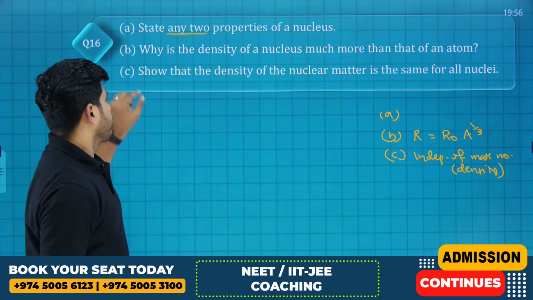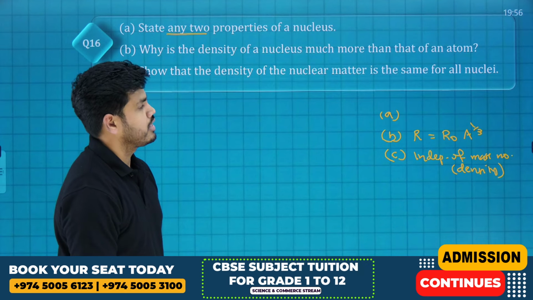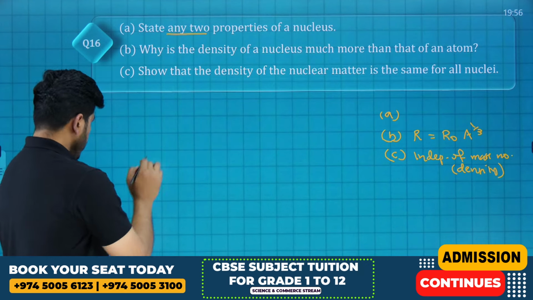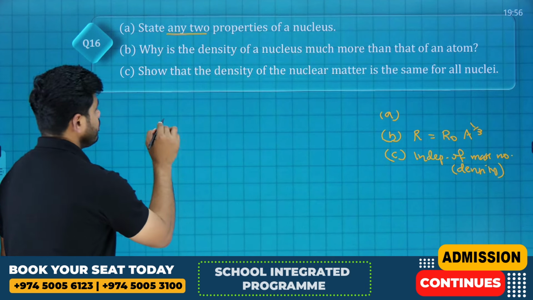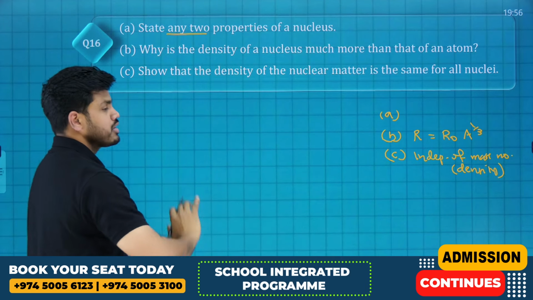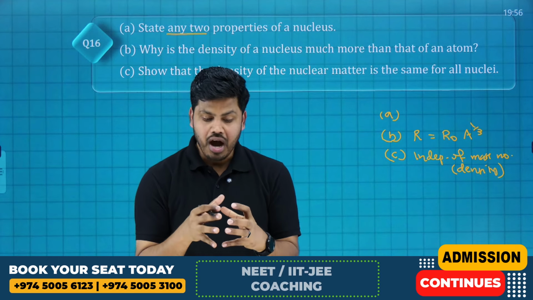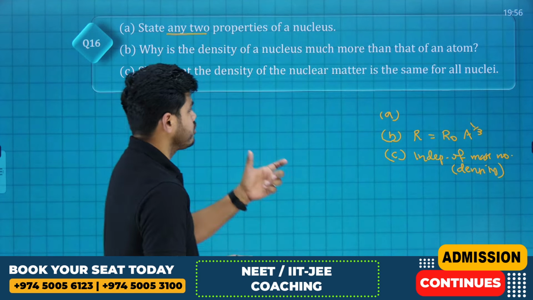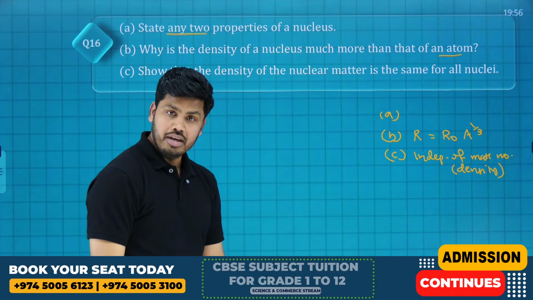Right. Now, B part of the question. Why is the density of a nucleus much more than that of an atom? See, density of a nucleus, we solved it in one of the previous questions. Density of the nucleus is in the range of 10 raised to 16 kilogram per meter cube. Okay, it's a very high density region, and it is much greater than that of an atom. Why?